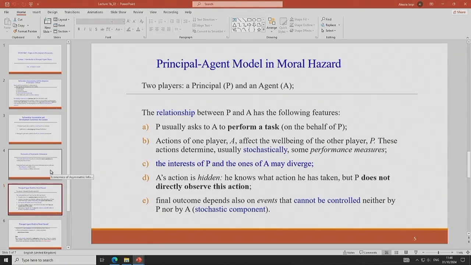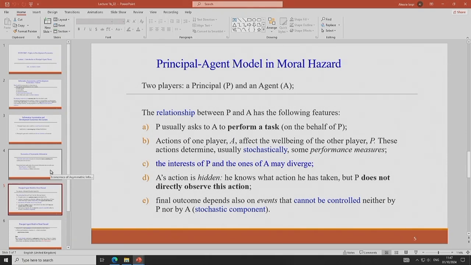So first of all, we can have two agents, two players. Eventually, we can have more, but not for this module. And the relationship between the principal and the agent has to have some features. First of all, the principal P asks the agent A to perform a task on behalf of P. So I would like somebody to come and, I don't know, paint my room a different color.